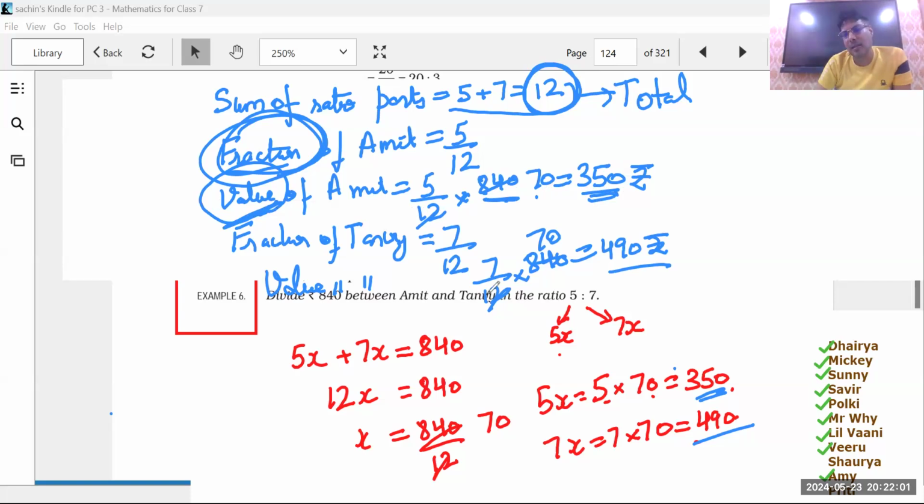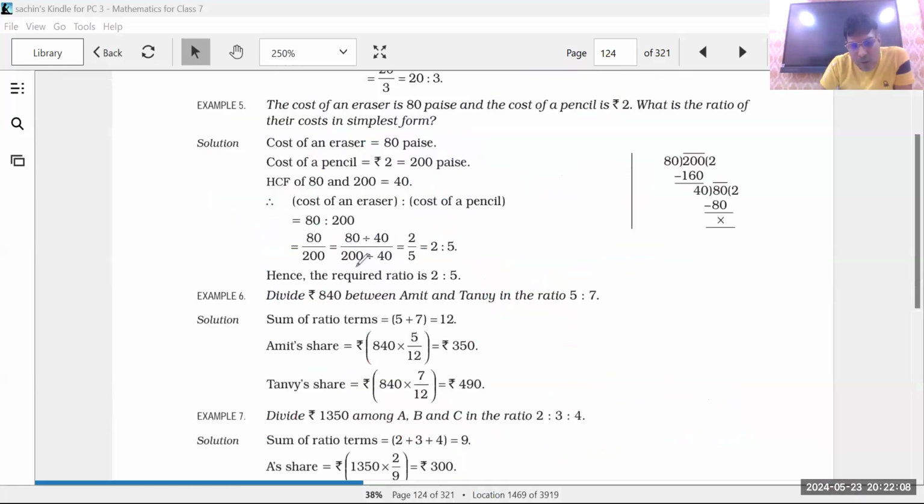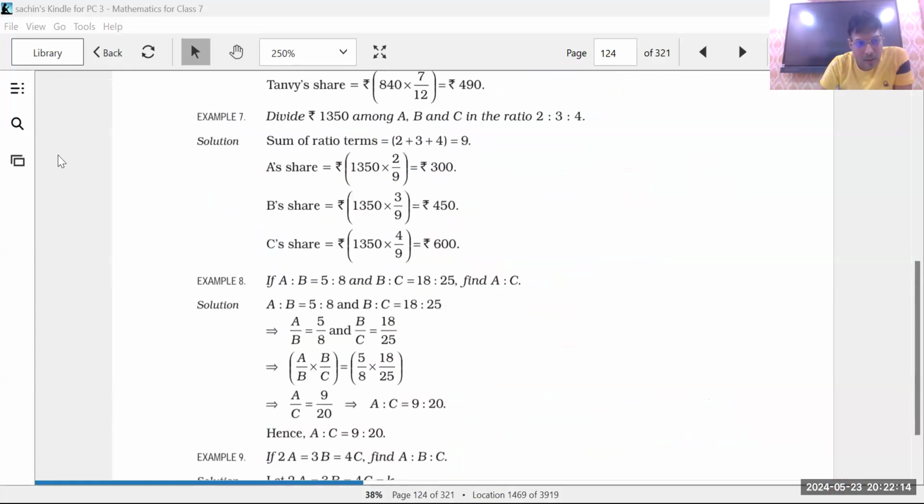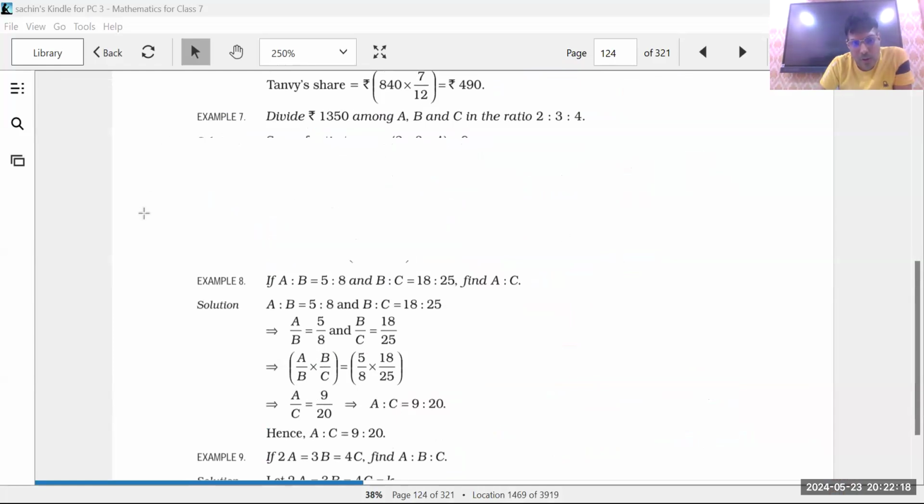Understood, guys? Method 2 is a little lengthy. No beta, it works fine. And this method will be handy for some cases. इसलिए this method you cannot ignore it. So it will be useful in many places. So do the 7th question.